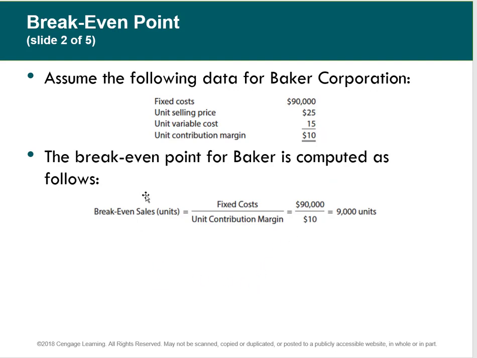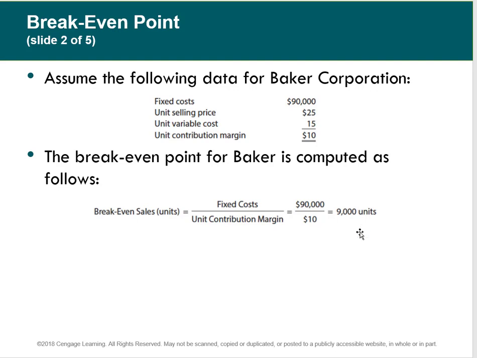So the break-even point for Baker is computed as follows. Fixed costs divided by your unit contribution margin will give you break-even in units. So 90,000 in fixed cost divided by the $10 contribution margin gives us 9,000 units.